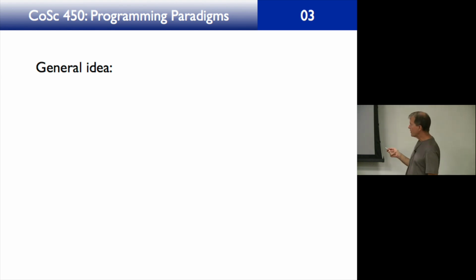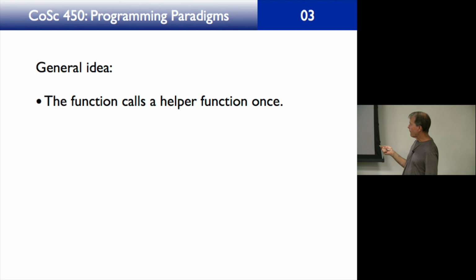Okay, what you do is the function calls a helper function once. So now to turn a non-tail recursive function into a tail recursive function, we have a helper function. Those of you who took the data structures course, you remember how we had helper functions in a lot of those projects?